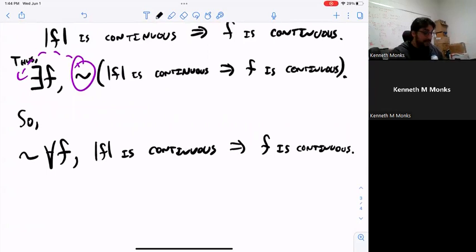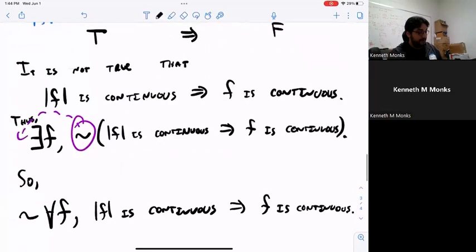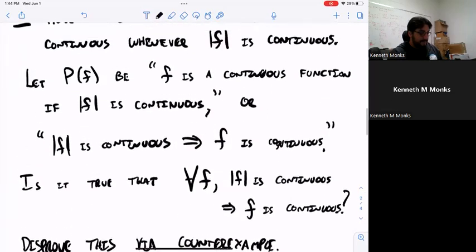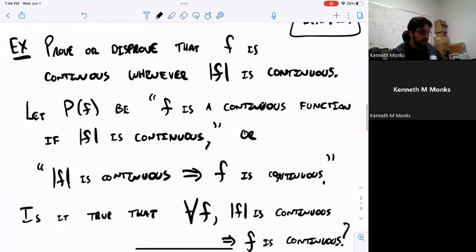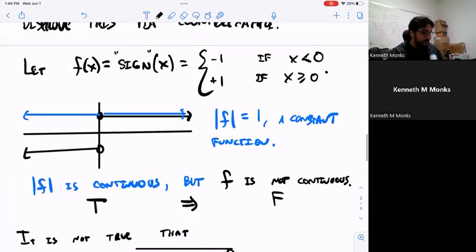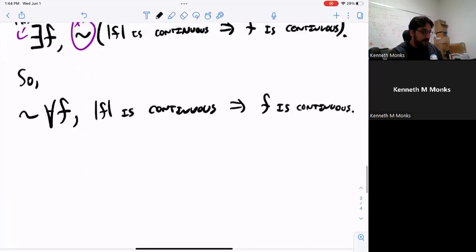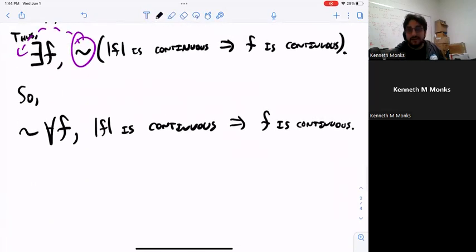So this would be called proof by counterexample. I just disproved this statement, this claim, this proposal that f is continuous whenever absolute value of f is continuous. Essentially you're using De Morgan's law here.